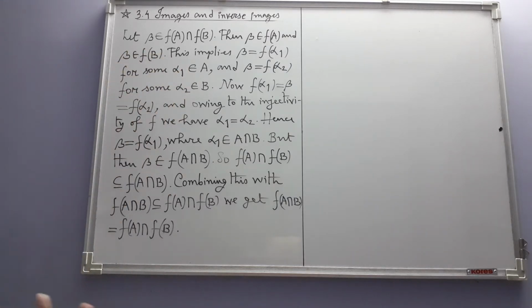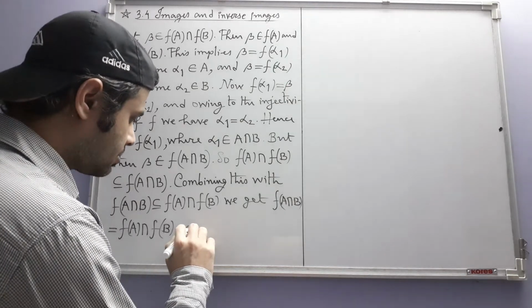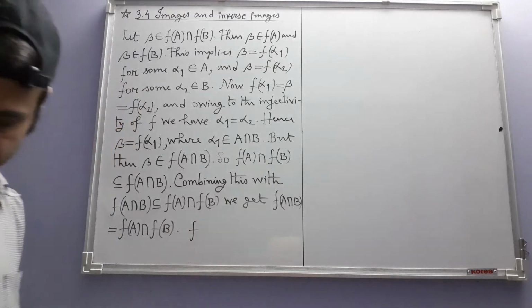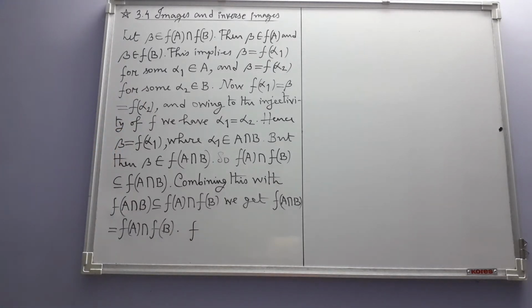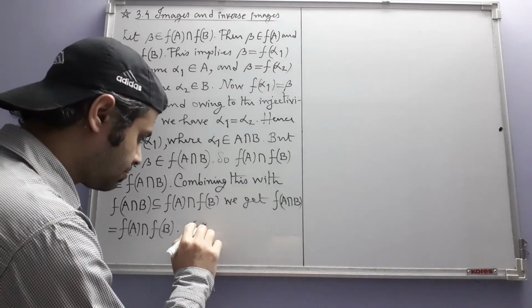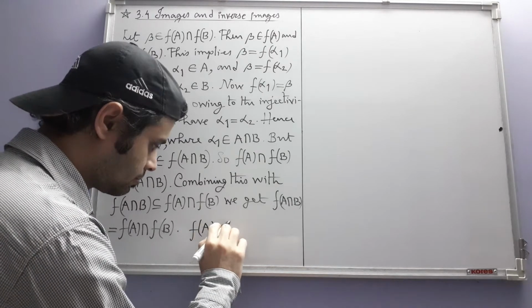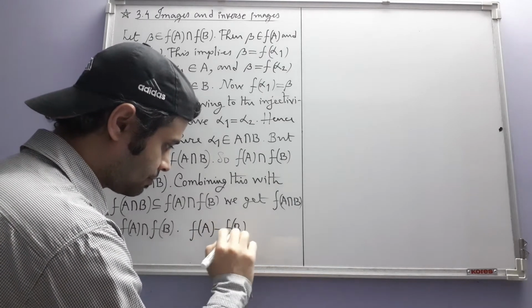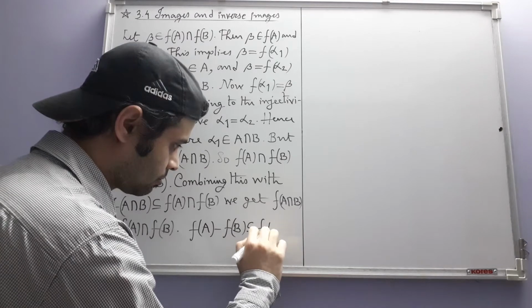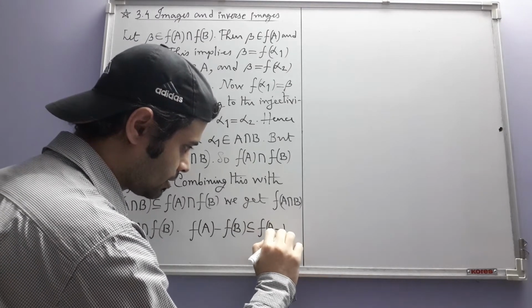Just like that, now we are going to prove the second one. So for the second one, we already have something. What do we have? We have this: f of A minus f of B is a subset of this.